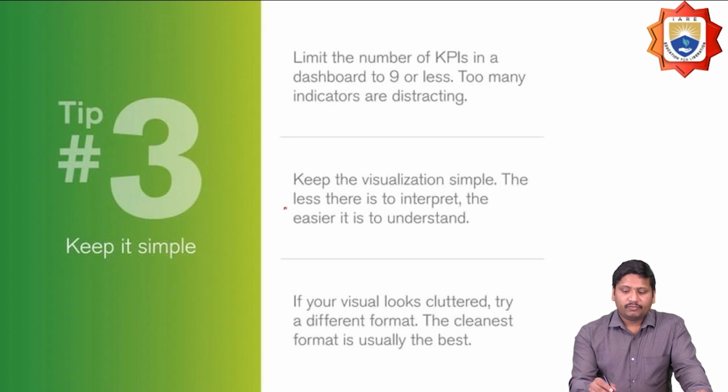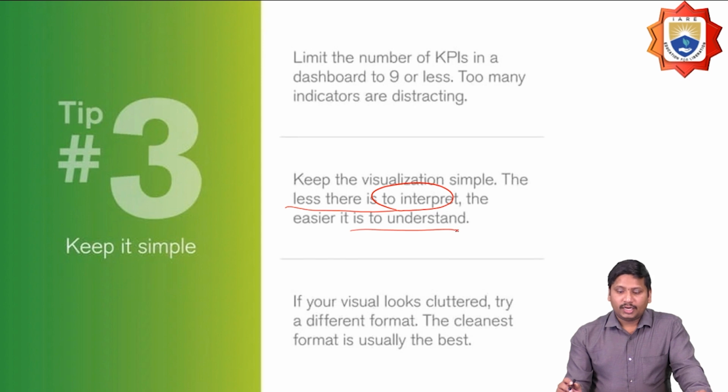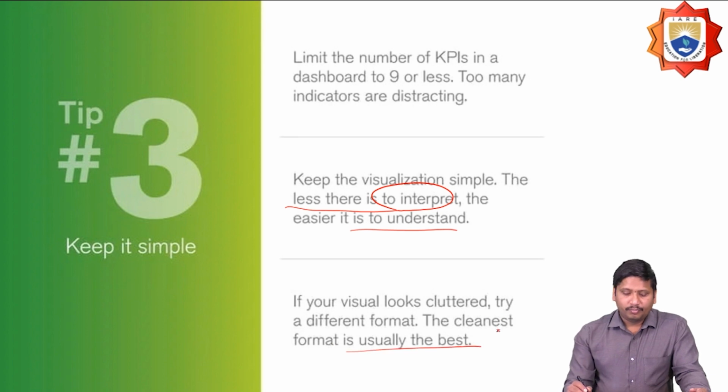If your visualization looks cluttered, try a different format, and the cleanest format is usually the best. So keep it simple is the thing. If I'm going to represent more data, try a different format, because the cleanest format is the best way to visualize.